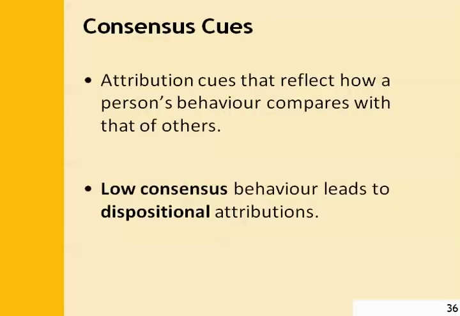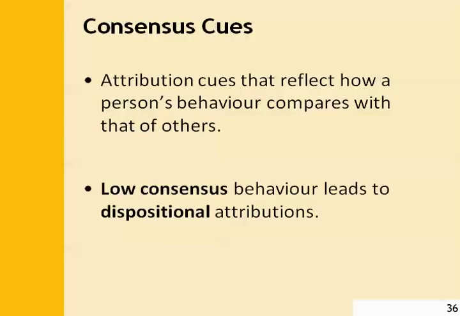Now the consensus cues: attribution cues that reflect how a person's behavior compares with that of others. No consensus behavior leads to dispositional attributions. Suppose the person whose behavior we are trying to attribute comes late to work. He came late to work today and all his colleagues also came late today. In this case we can say there is consensus on coming late today.